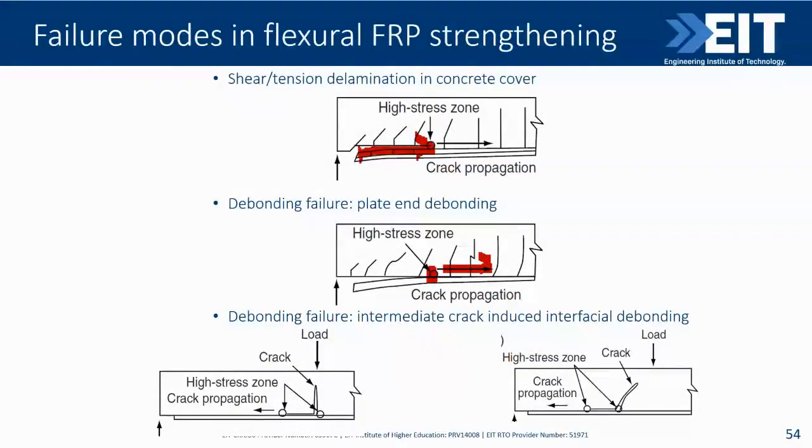The debonding failure is when the intermediate crack induced interfacial debonding occurs. So we have the crack here starting at these points, which actually initiate the crack, and it will propagate in the crack between the new strengthening layer of FRP and existing concrete.